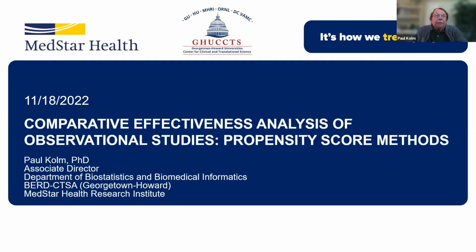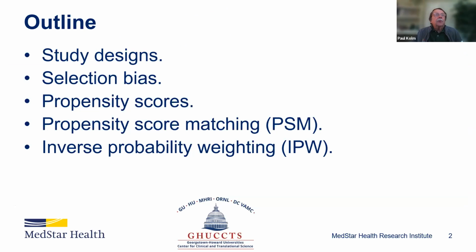Today I want to talk about comparative effectiveness study, in other words, analysis of observational studies or non-randomized studies. We're going to basically talk about two different study designs, randomized and non-randomized studies.